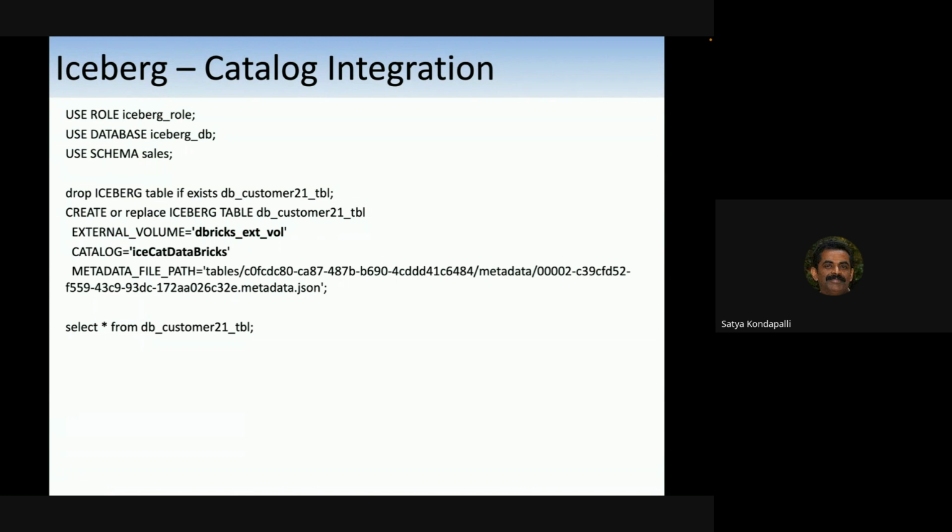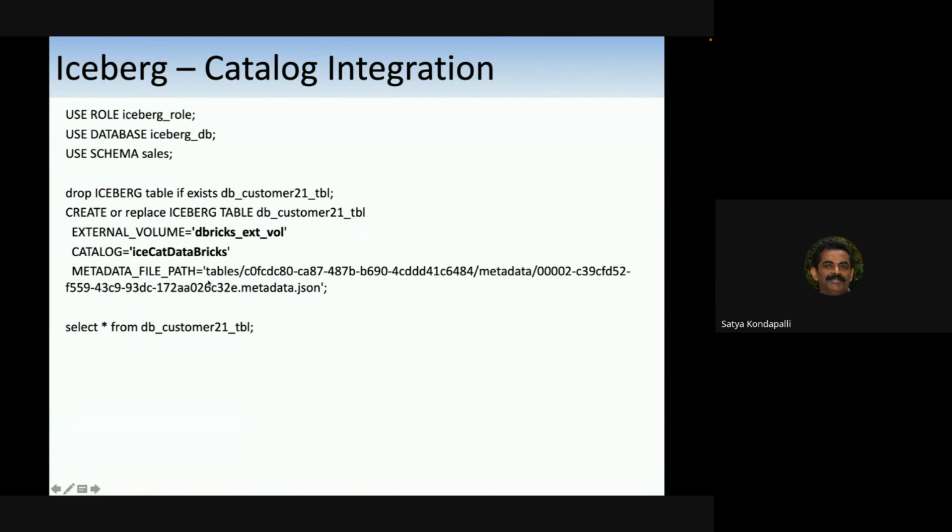So that is what is called refresh. Remember I mentioned that from Databricks, whenever we update the Iceberg table, we need to refresh this table. What does refresh mean? We need to get the most recent file from the disk and alter this table, and that takes a fraction of a second.